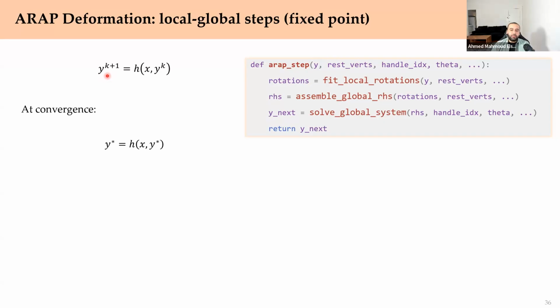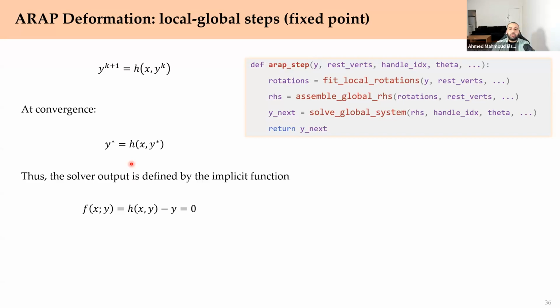So we could think about ARAP step as a function that takes the solver input and the current state and returns the next state. And when it converges, the output should satisfy this fixed point equation. And so with simple rearrangement, we could get this implicit relation, which we could then use for the adjoint solve.